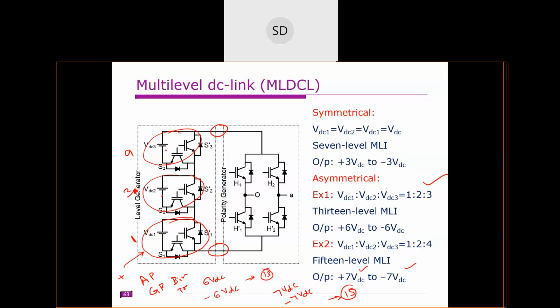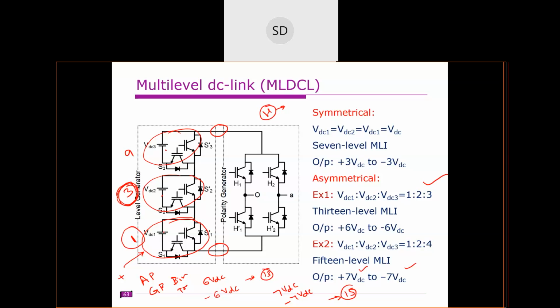If you want only 2 VDC, in that case this will operate with plus 3 VDC and it will operate with minus 1 VDC, right? So that means you will not get 2 VDC. That is only possible if each unit produces both positive and negative voltages. In the case of the H bridge, it generates both positive and negative voltage along with 0, right?